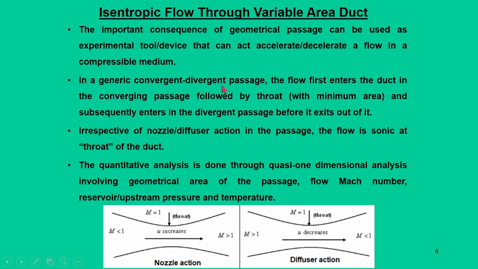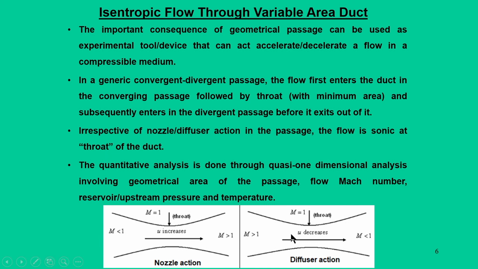And in a generic convergent divergent passage, we have seen there is a minimum area at one particular location, and we call this the throat. That means the minimum area location we call the throat. The characteristic feature of this location is that, irrespective of what action it performs, either nozzle or diffuser, the flow is always sonic.